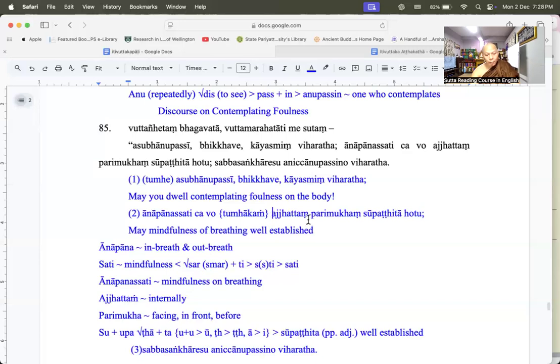So maybe internally, so firstly the mark and in you.